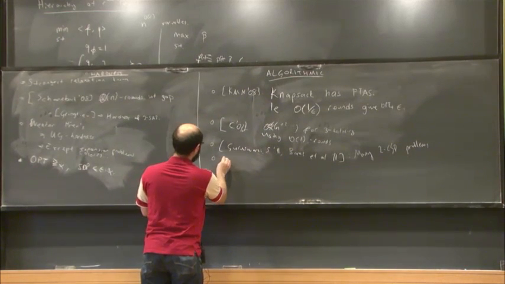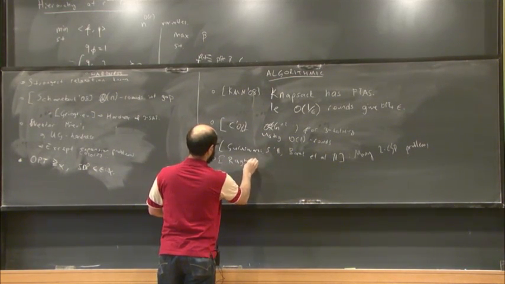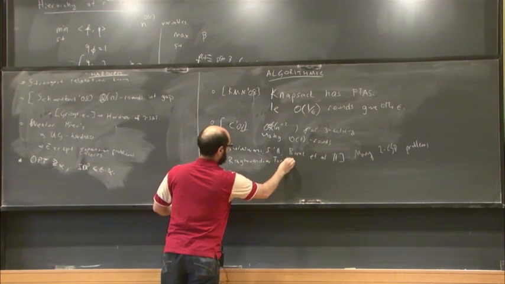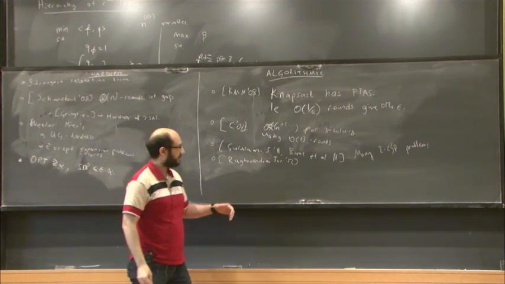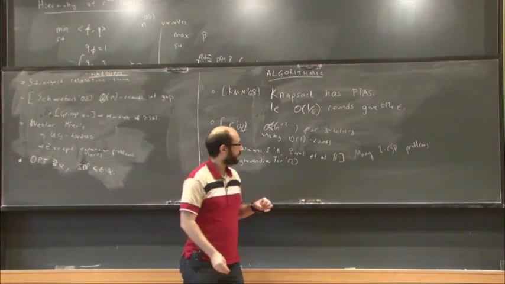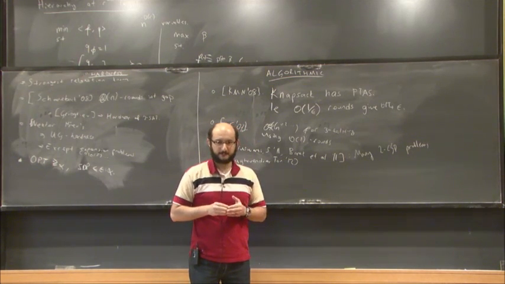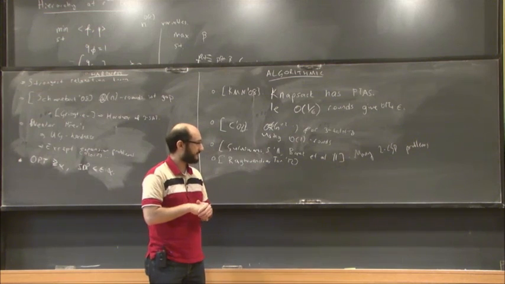And then, for example, Raghavendra and Tan... Here you mean spectral because the 2CSP is a graph. So yes, 2CSP is a graph, you look at its spectrum, and if you know enough about how fast the high eigenvalues rise, then yes.